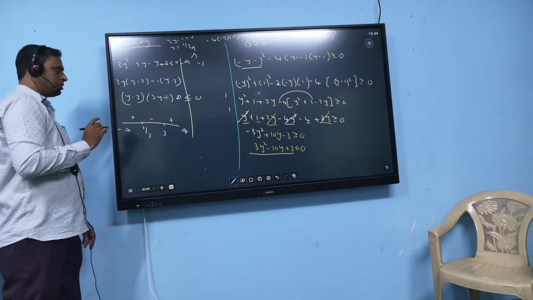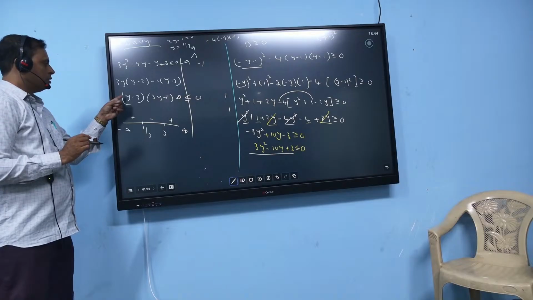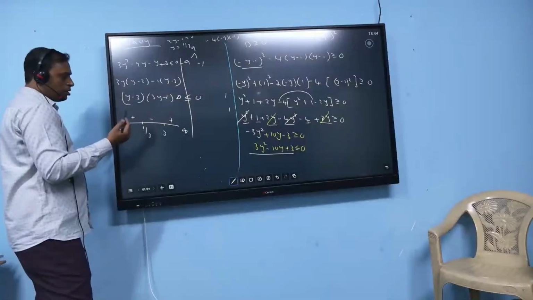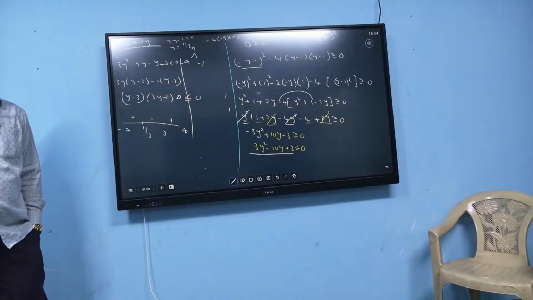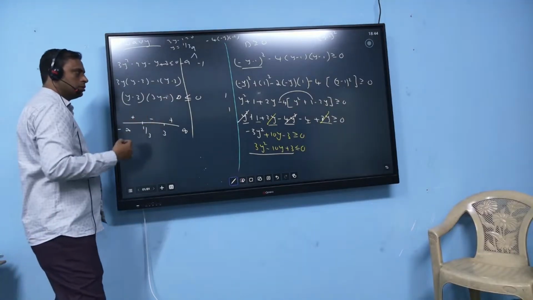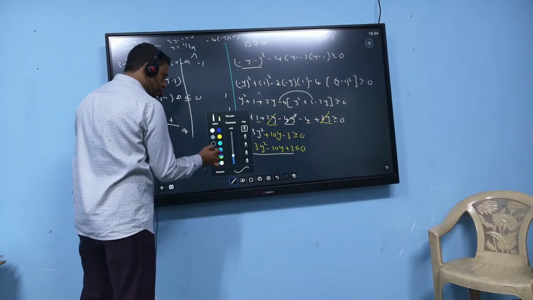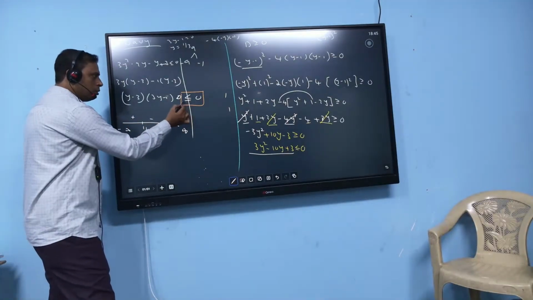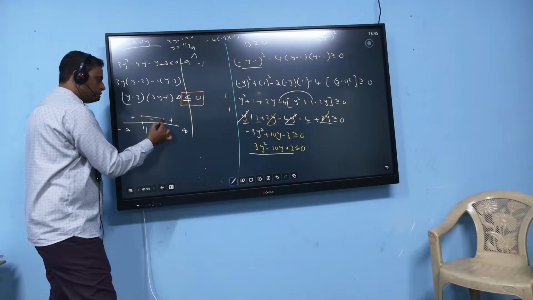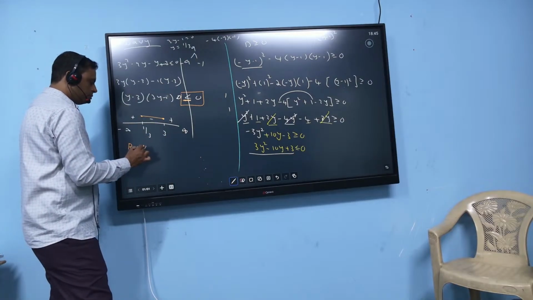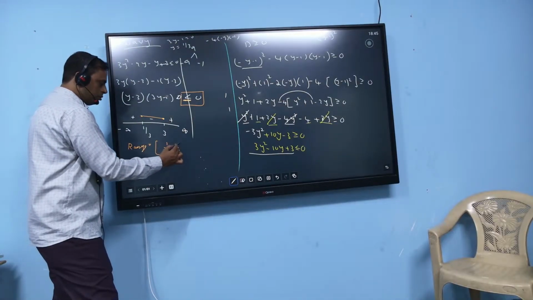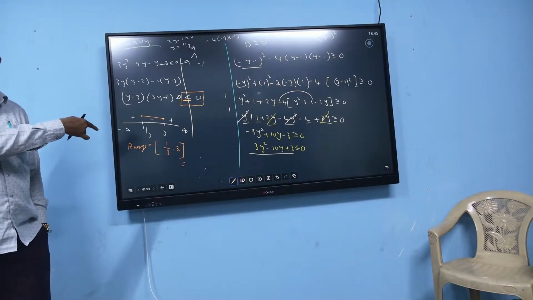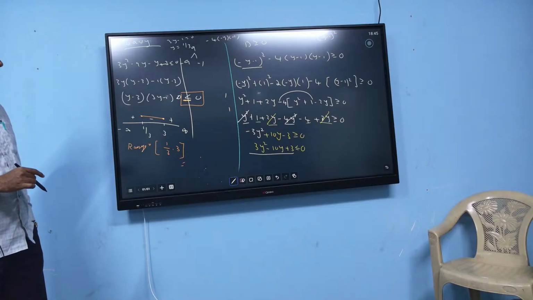Don't put it randomly; check once by putting values. If we put 4, what happens? 4 gives plus, so plus, minus, plus. Done. Okay. Now, less than, which should I take, positive or negative? Because it is less than or equal to, we'll take the negative region. It's an inequality. Closed brackets. So what is the range? 1/3 to 3. That means for the domain problems you do, this is useful. How to find it: the wavy curve method. So the answer is 1/3 to 3.